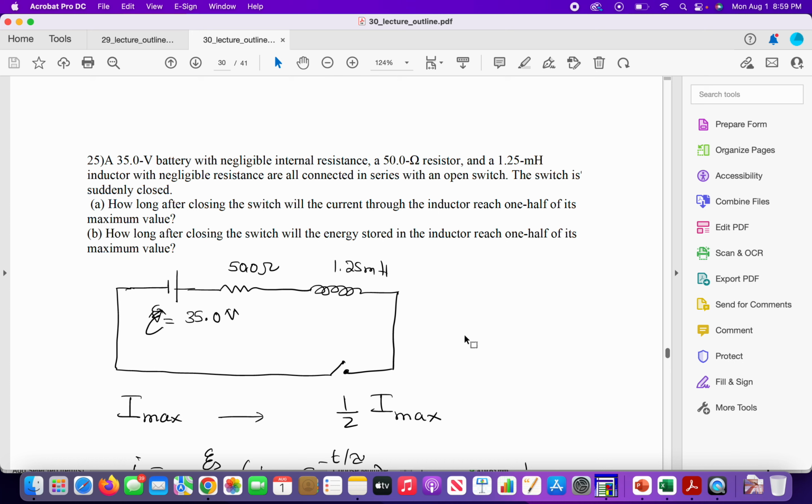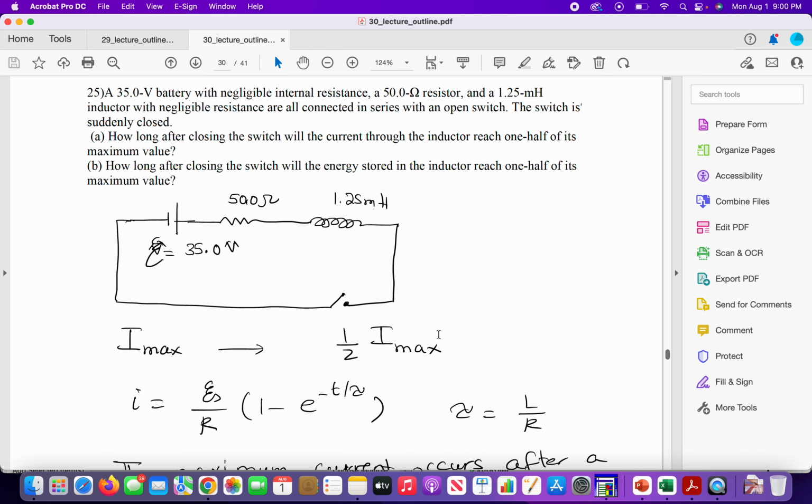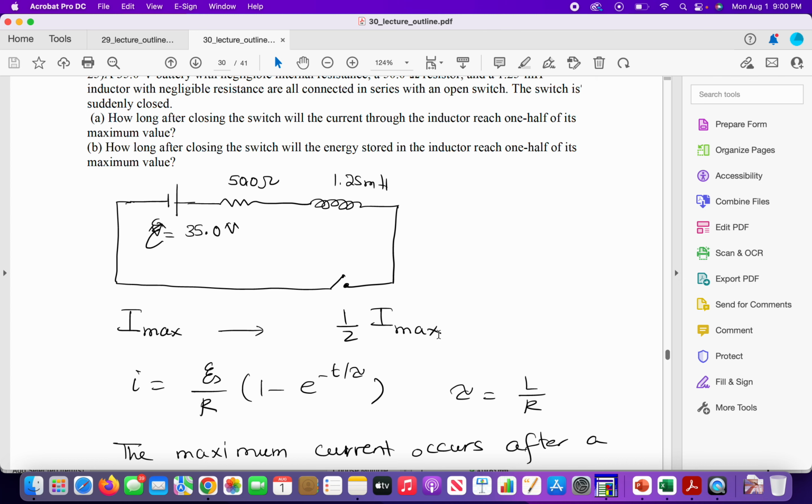How long after closing the switch will the current through the inductor reach 1/2 of its maximum value? This is the circuit, and I need to know when we reach 1/2 of I maximum.